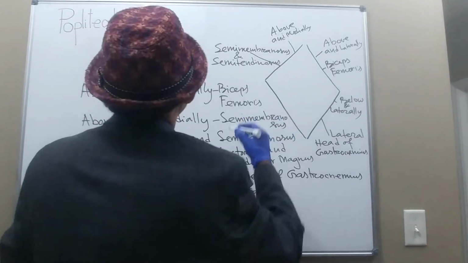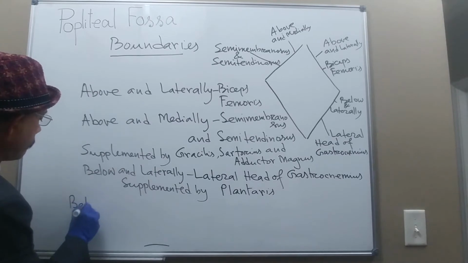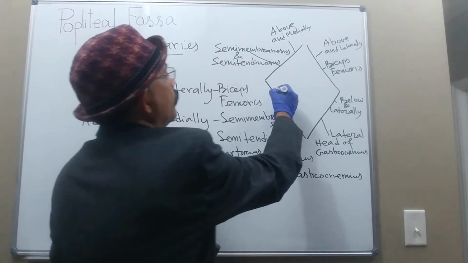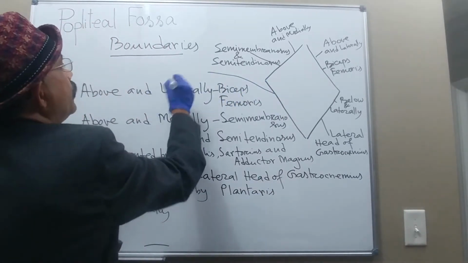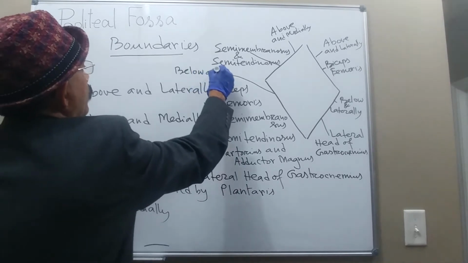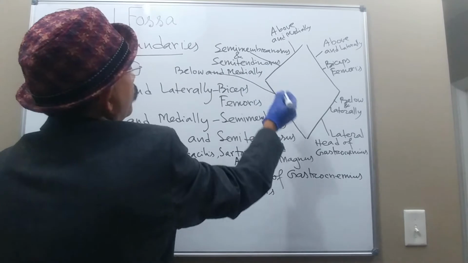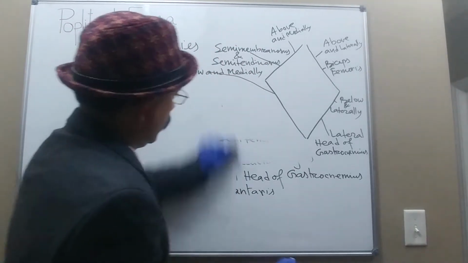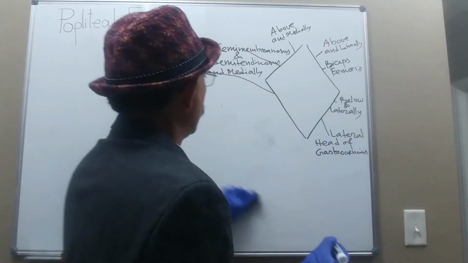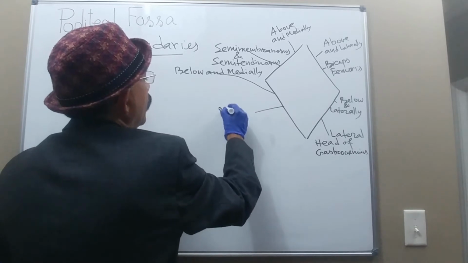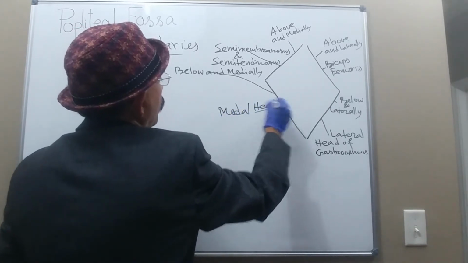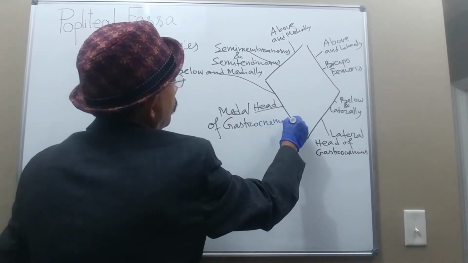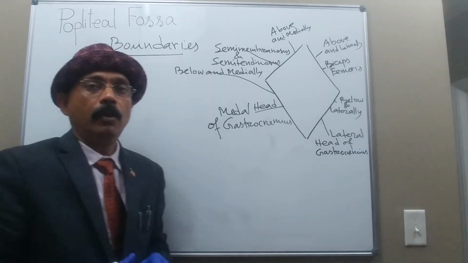How about the below and medial boundary? Below and medially, it is bounded by the medial head of the gastrocnemius. So we got the boundaries of the popliteal fossa.